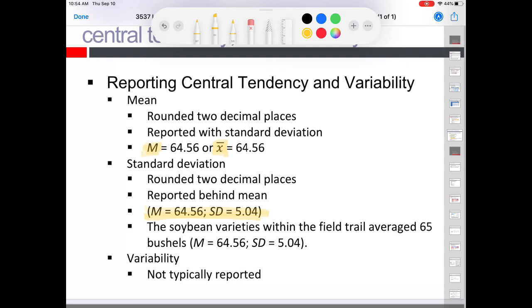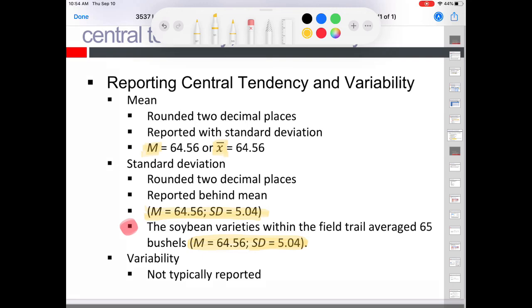So in written form, to describe this whole statistic, you could say the soybean varieties within the field trial averaged 65 bushels. It's okay to round for simplicity, but then once again we report the actual statistic right behind that sentence in parentheses with our italicized big M and our italicized standard deviation.